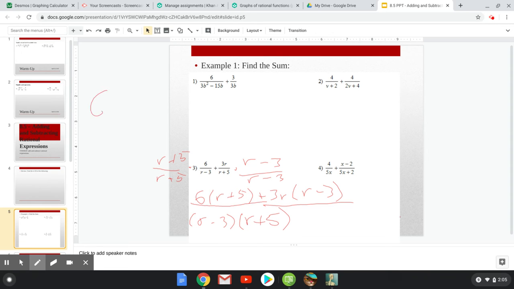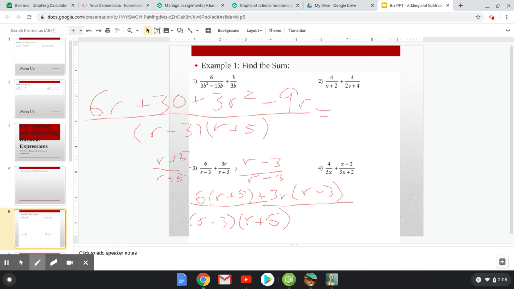So we're going to have 6r plus 6 times 5 is 30 plus 3r times r is 3r squared. And 3r times negative 3 is negative 9r. And then the denominator stays the same. Again, we don't need to distribute the denominator. We can always leave that in factored form.